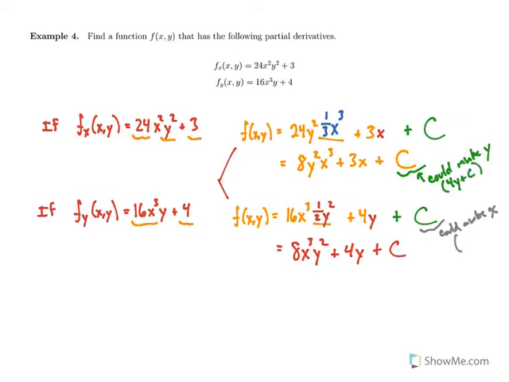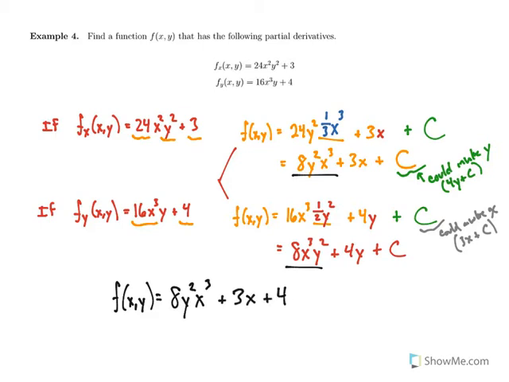This guy has to be 3x plus some other constant maybe. And altogether we get f of xy is going to have to be 8y squared x cubed. That was the same for both of these. Plus 3x plus 4y, and then maybe plus some constant c, just a number.